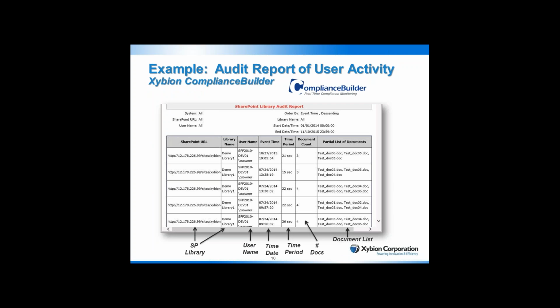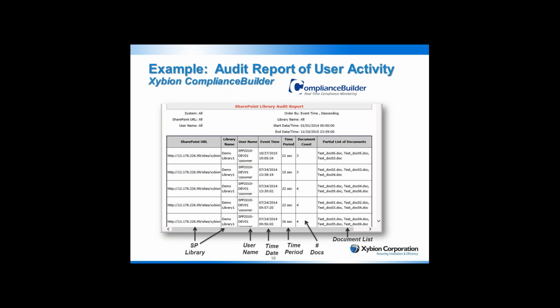This SharePoint module that we developed came about as a need from a few companies with this need to monitor for excessive downloads from a SharePoint library. And so what we're looking at right now is actually the end result of the Compliance Builder SharePoint module, where it actually tells us who's been doing a lot of excessive downloading and which library they've been downloading from, and also how many documents they have downloaded within a certain amount of time period.